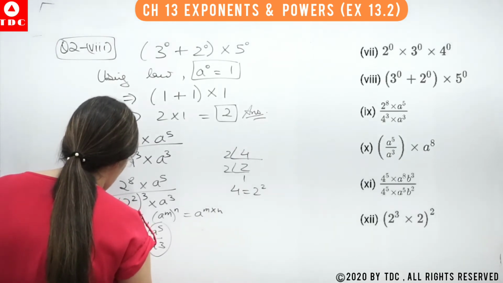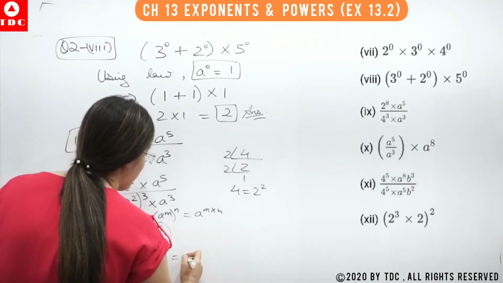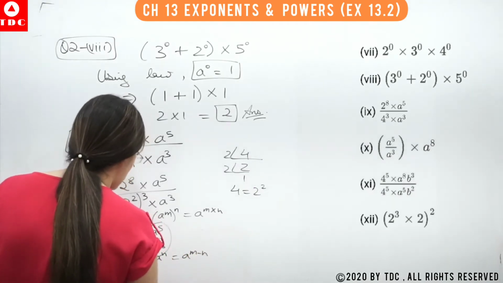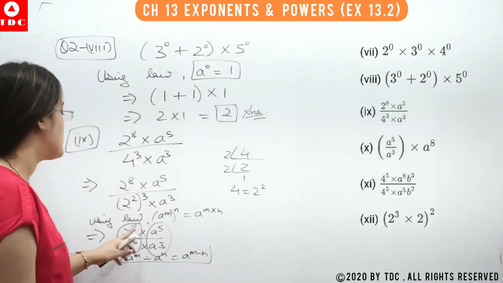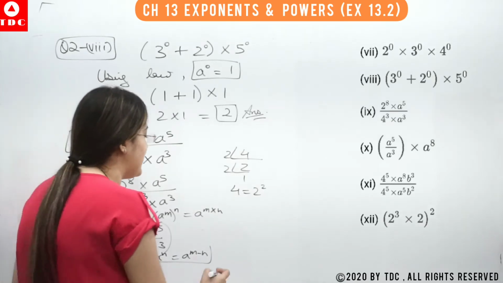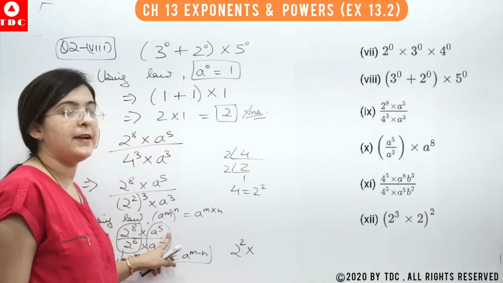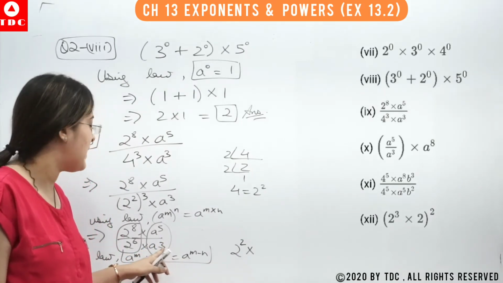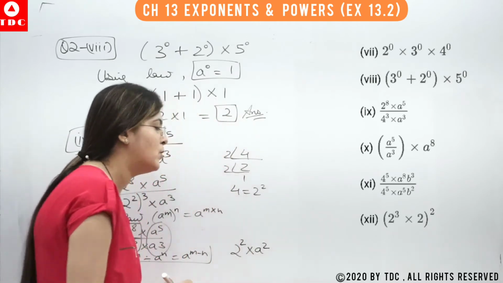So using the law, a to the power m divided by a to the power n will give us a to the power m minus n. We will use this law. So 2 to the power 8 by 6, that means 2 to the power 8 minus 6. It will be 2 to the power 2, and a to the power 5 upon a to the power 3 will be a to the power 5 minus 3, 2.